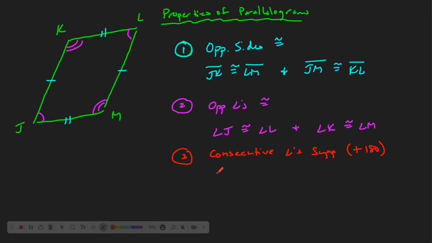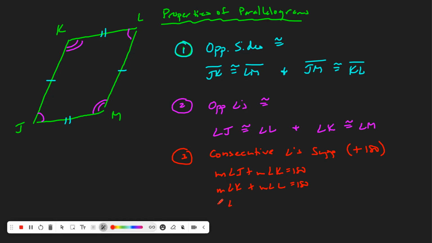They're the ones in a row. So we would know that the measure of angle J plus the measure of angle K is 180. We would know that the measure of angle K plus the measure of angle L, K and L are also consecutive, is 180.